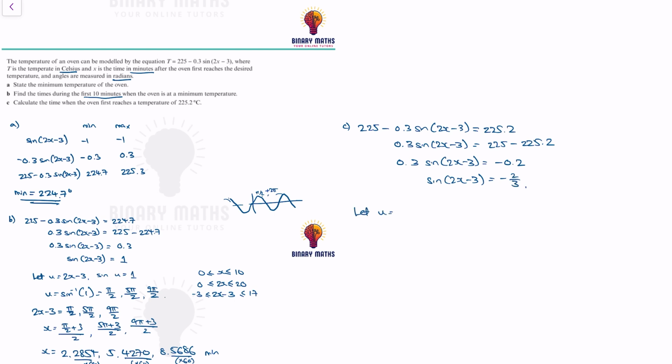Let u be equal to 2x minus 3. Then sine of u is equal to negative 2 over 3.